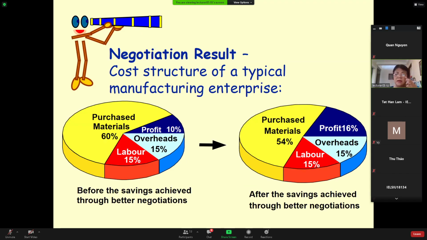Okay? So in a previous slide, I showed you the percentage of how much is the material purchase, how much is the labor, how much the profit, how much the overhead, etc. So this is, you understand, before the saving achieved through better negotiation.